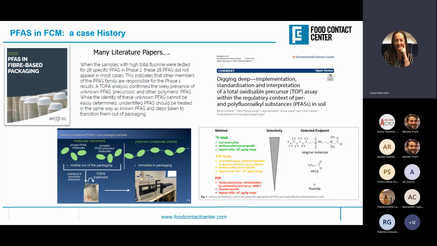There is a publication from some months ago, in December of 2021, that was clarifying how to prepare the sample. And I also found this paper very interesting. This refers to soil, but it's very interesting to see the different selectivity in the tests from NMR, TOP assay, and of course total fluorine.